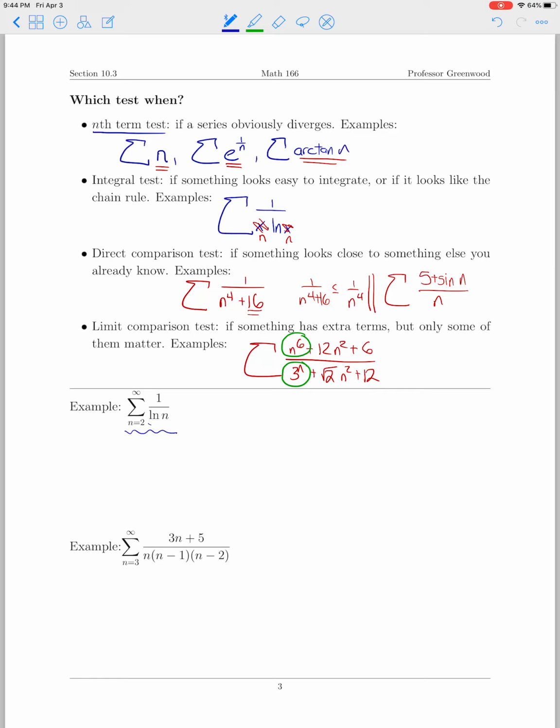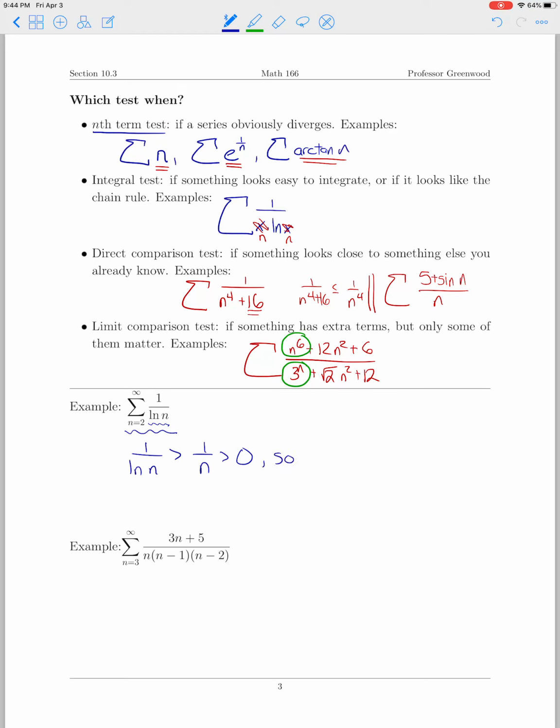The other test that might be more appropriate here is that ln of n is a very slow growing function. And so 1 over ln of n is a very big fraction overall. And so I know that 1 over the natural log of n is going to be even bigger than 1 over n, which is already a positive sequence.